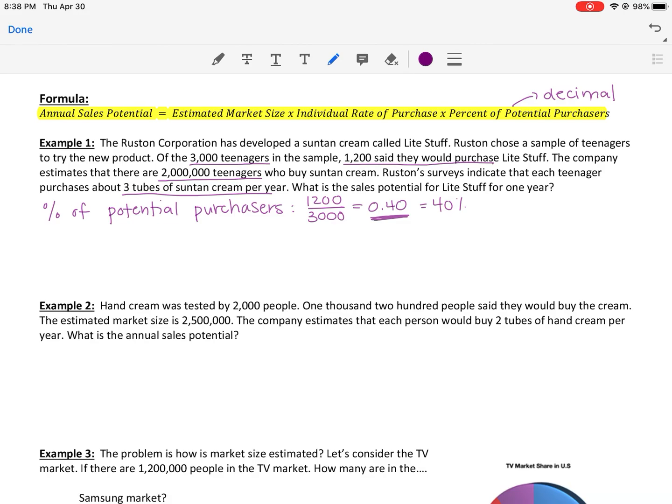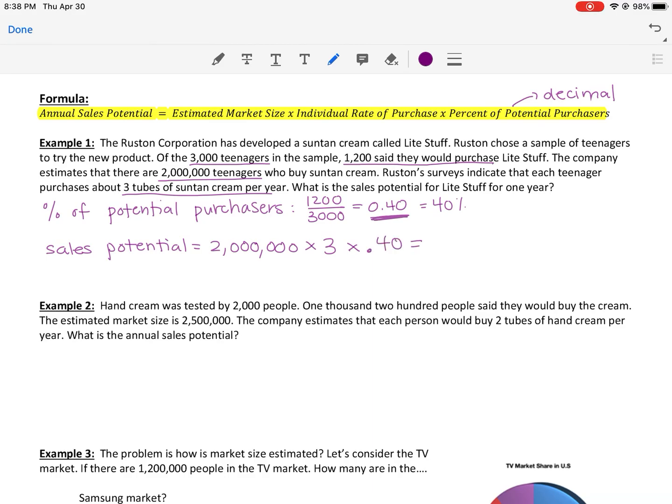So now if I look at my formula for sales potential, how much money they can make in sales, our estimated market size is the 2 million teenagers times the individual rate of purchase, which is 3 per year, times the percent of potential purchasers, which is 0.40.